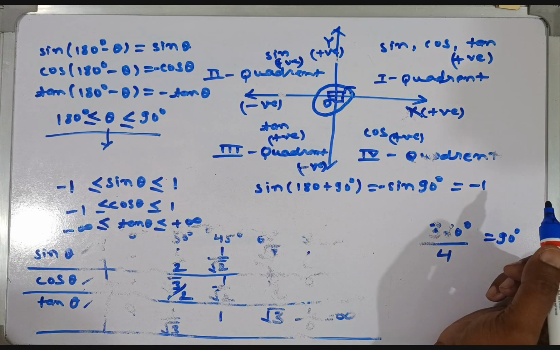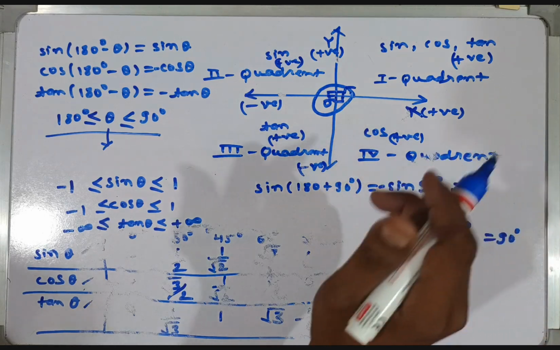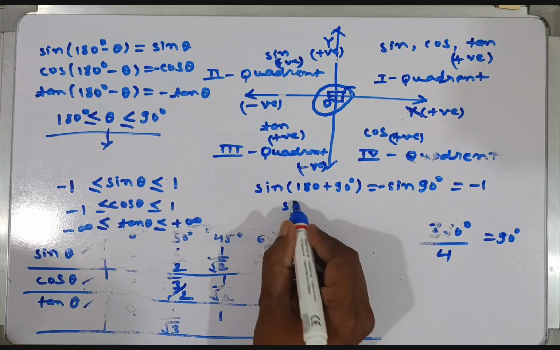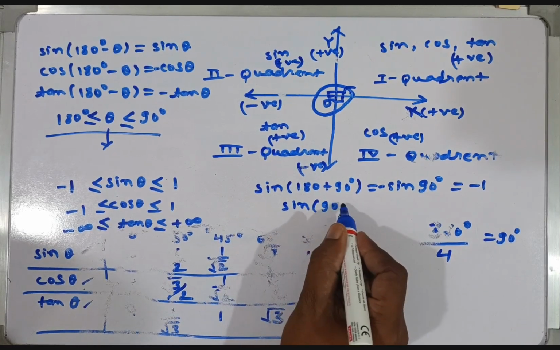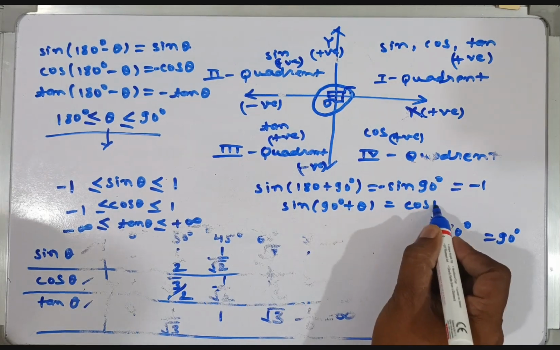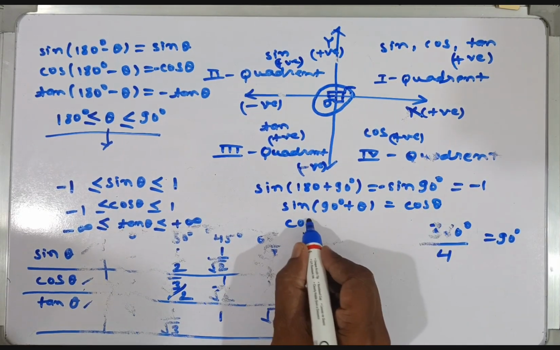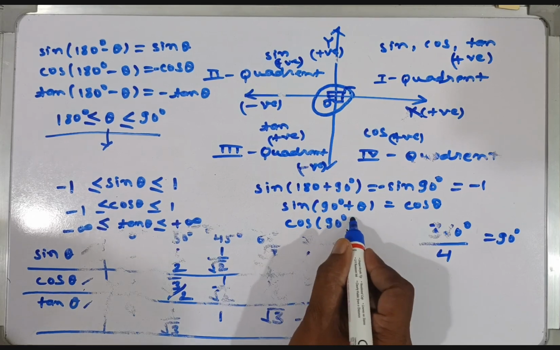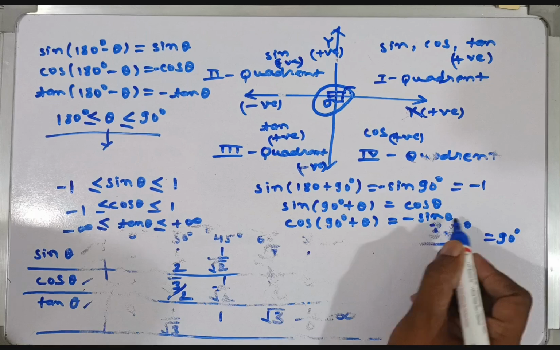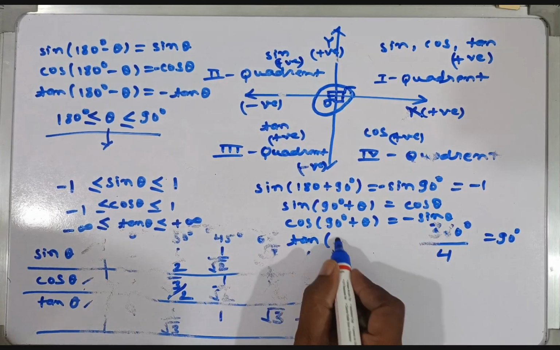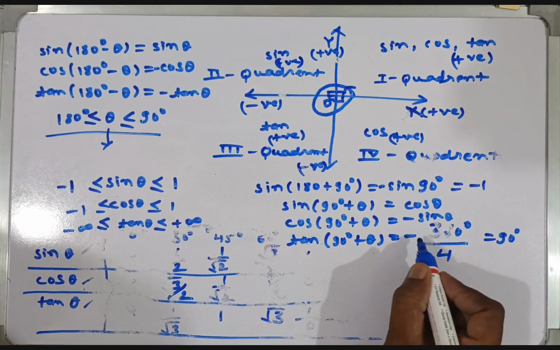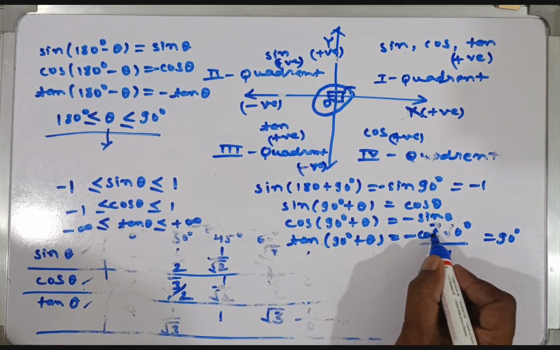Next, suppose we take sine of 90 degree plus theta, then it will be cos theta. If we take cos of 90 degree plus theta, then it becomes minus sine theta, and in case of tan 90 degree plus theta, it is minus cot theta.